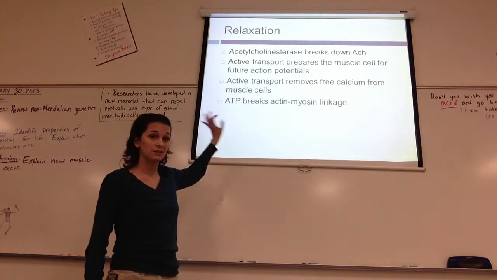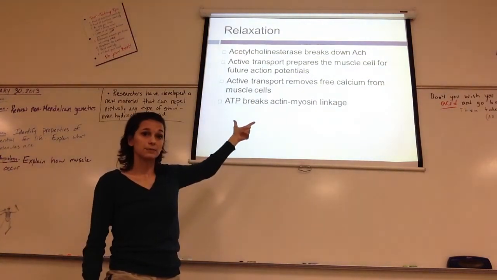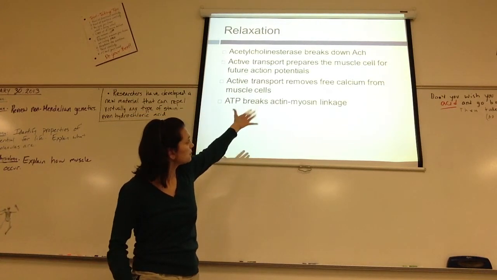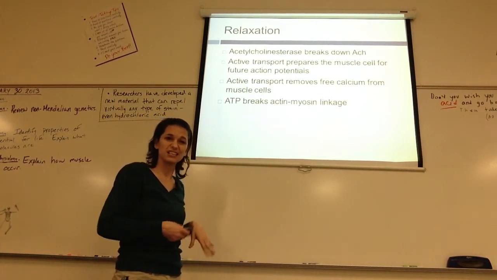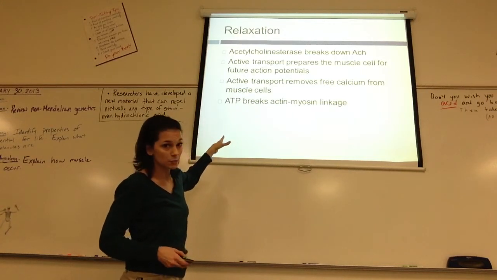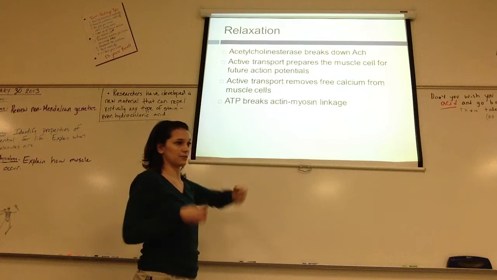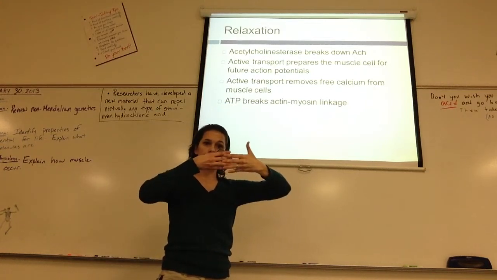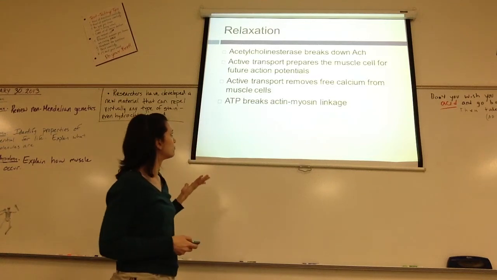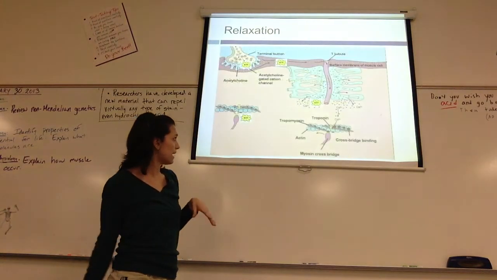And so once again, that's going to take energy. ATP is going to move those two things apart, and that allows it all to reset itself for next time. Once there is no longer any attachment and no ability to make an attachment, those fibers are going to slide back apart so they are no longer overlapping. And it's going to go from the contracted state to the relaxed state.